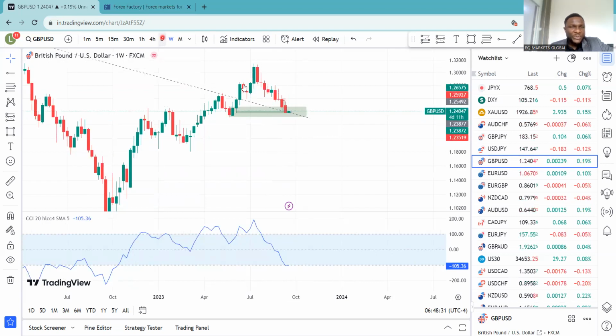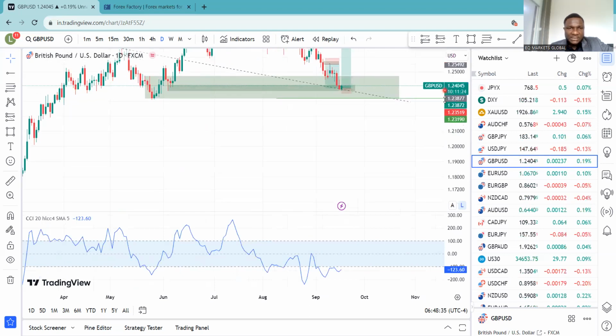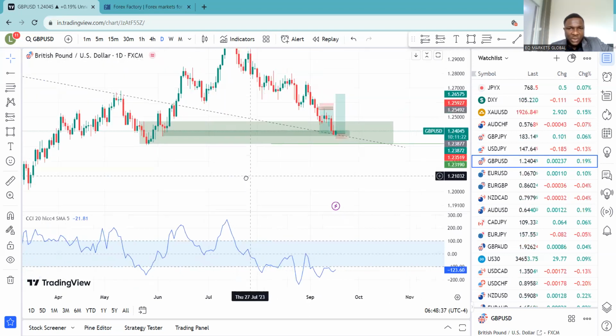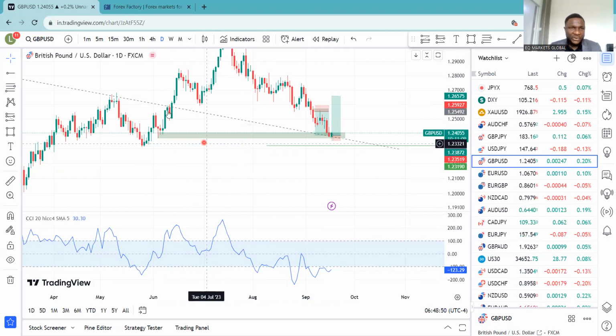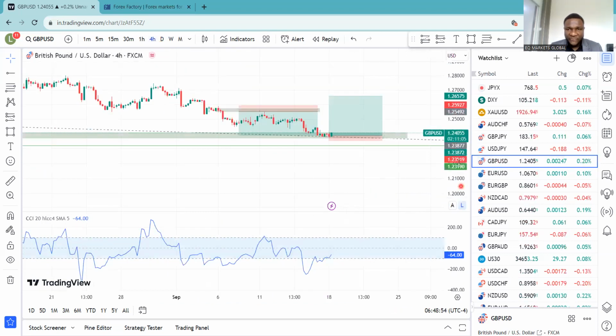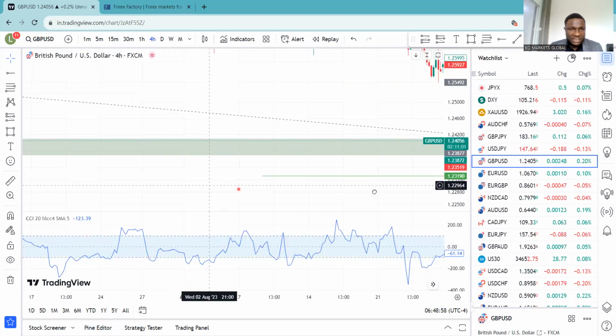But of course, by the time we begin to scale down, you'll notice that we can actually modify this. Within this order block are still some other blocks. This particular area that I'm giving to you was found on the 4-hourly time frame, so it's still within the main weekly order block that we found.